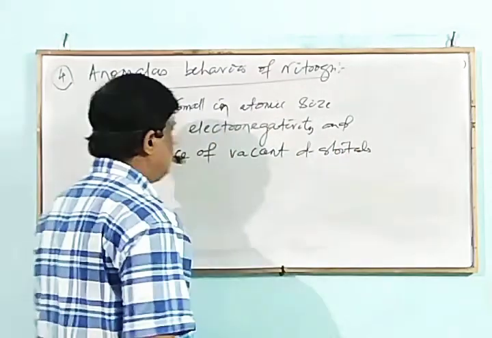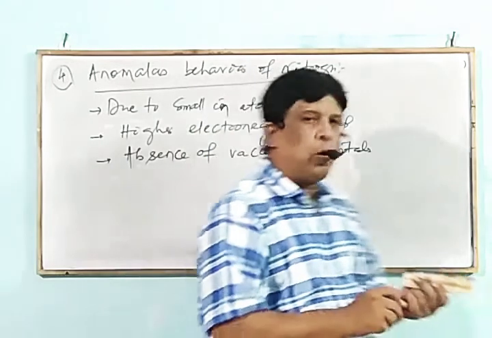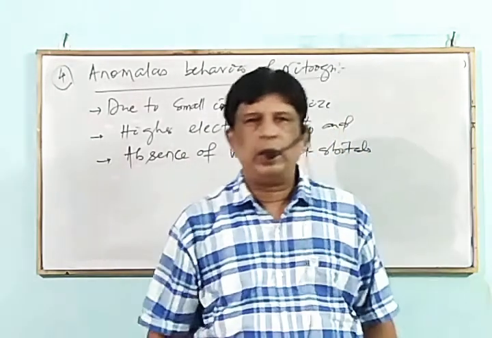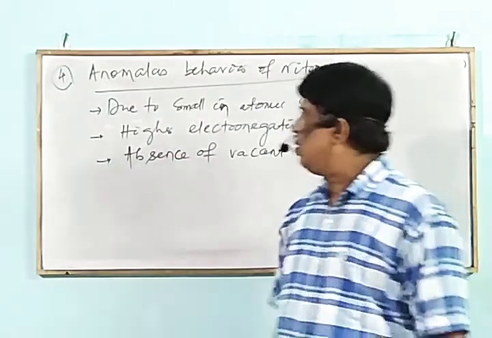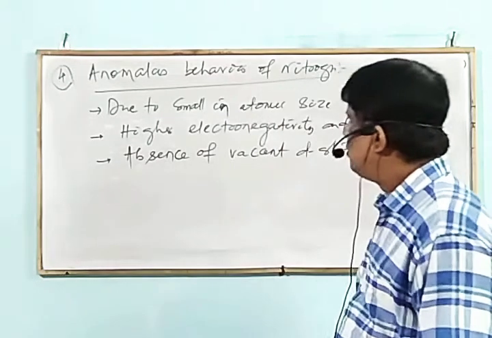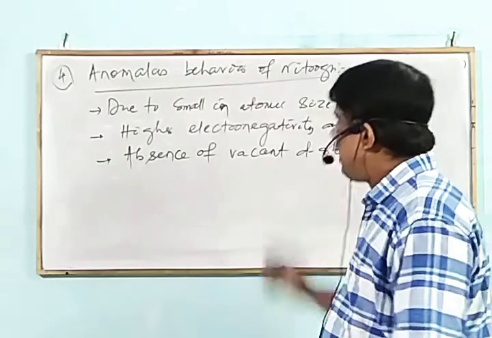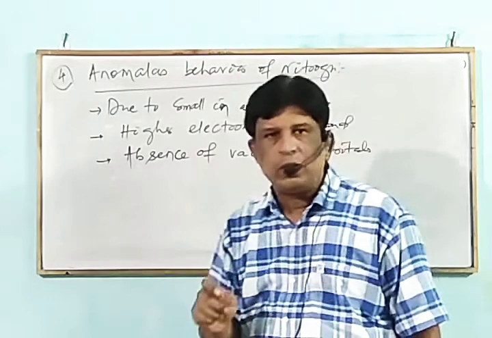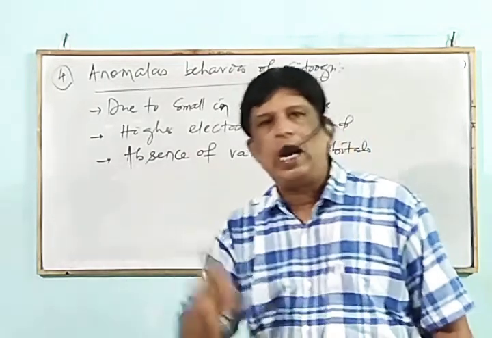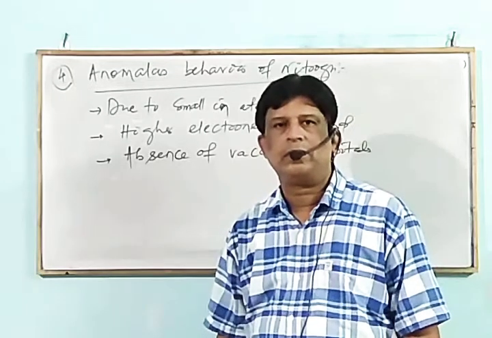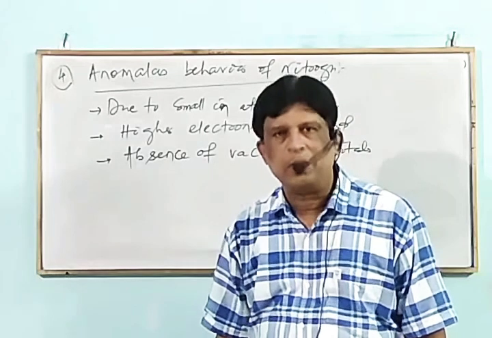I repeat again, the 3 main important points: due to the small atomic size, higher electronegativity, and absence of vacant d orbital, nitrogen exhibits different behaviors from other members of this family.